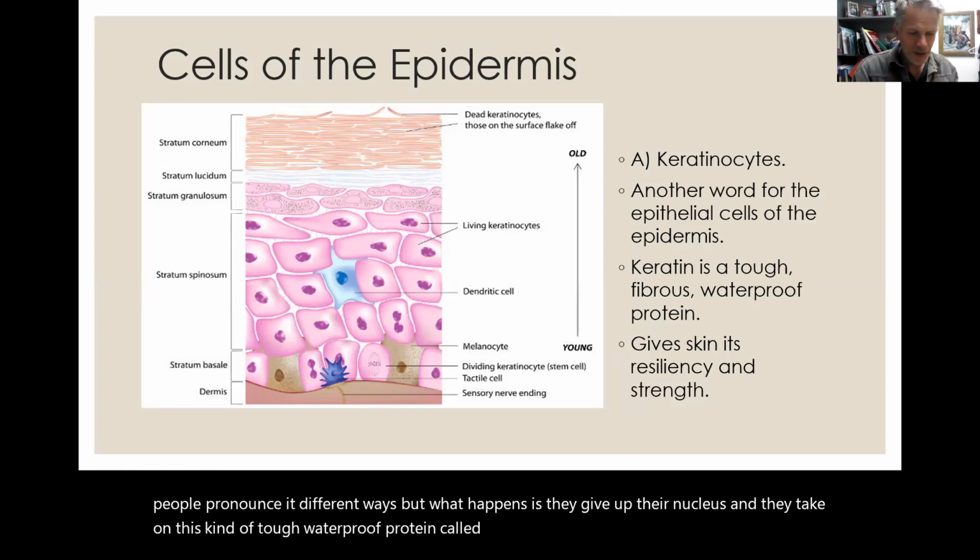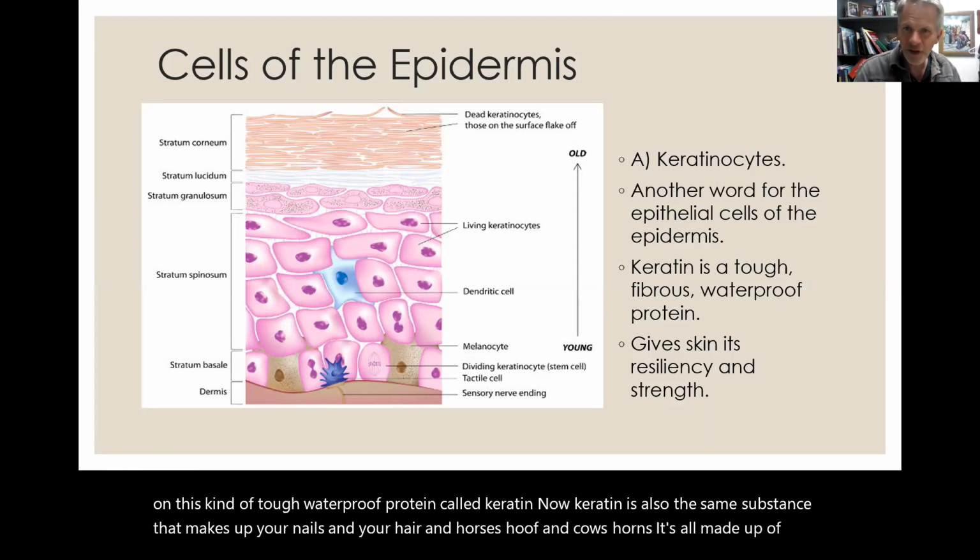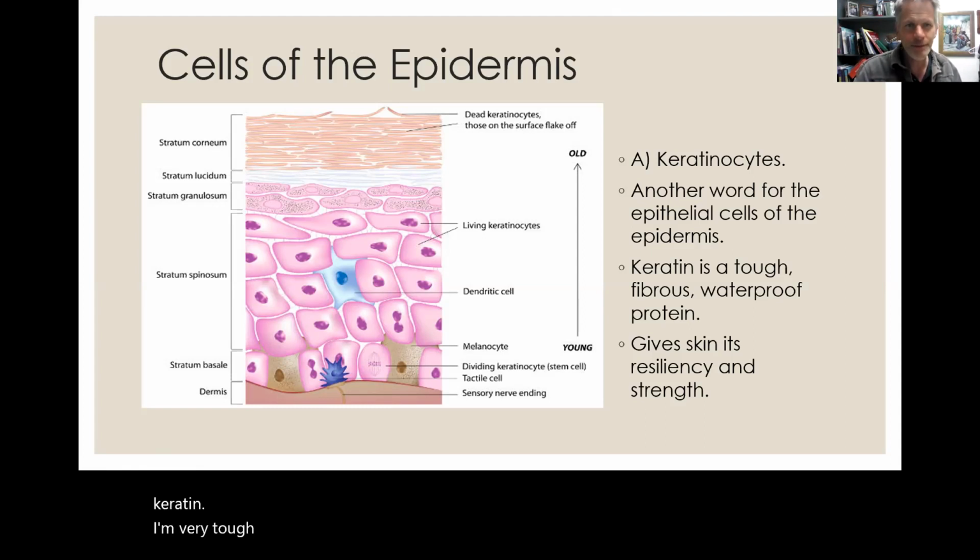Now, keratin is also the same substance that makes up your nails and your hair, and a horse's hoof, and a cow's horns. It's all made up of keratin, a very tough, inflexible protein. And that's what your outer skin cells are all made up of. Your epidermal cells are all filled with keratin.